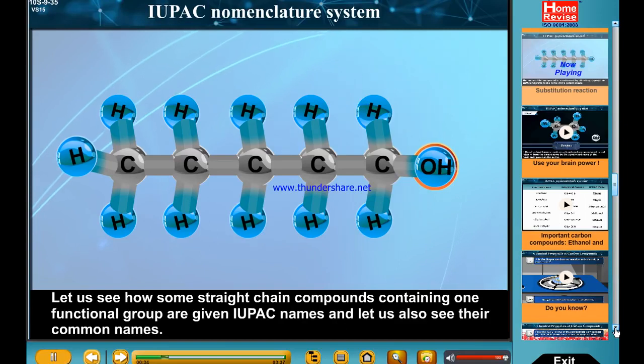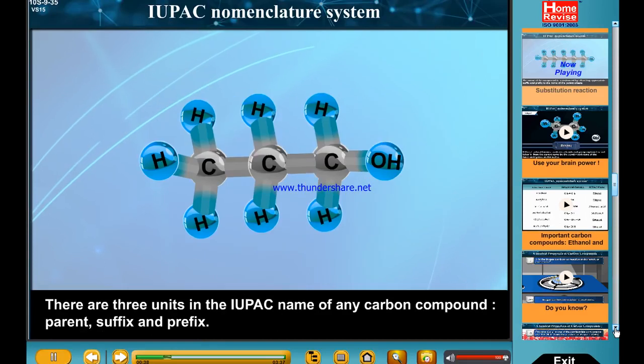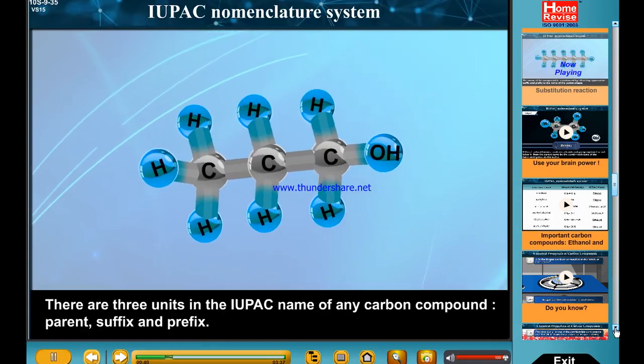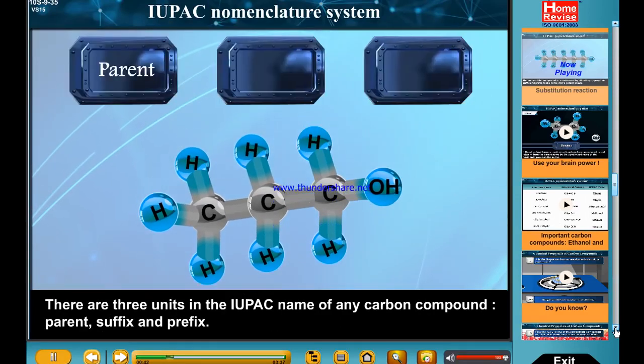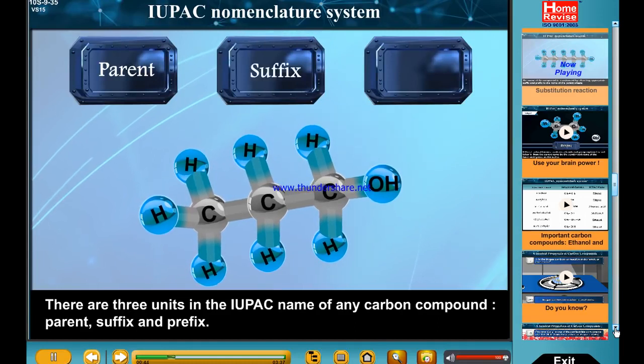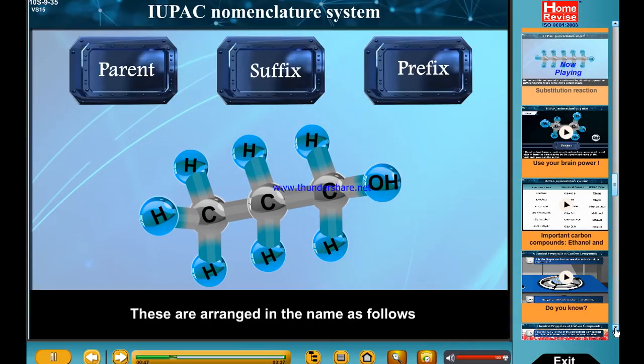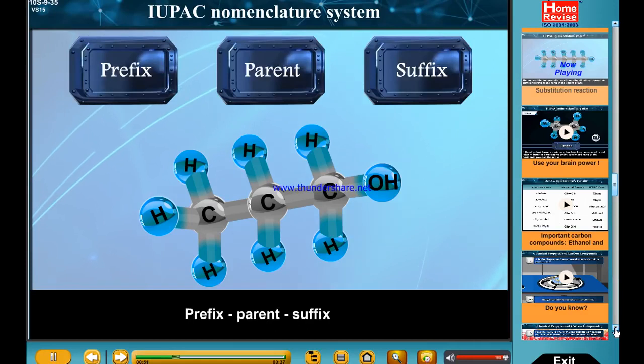There are 3 units in the IUPAC name of any carbon compound: parent, suffix, and prefix. These are arranged in the name as follows: prefix, parent, suffix.